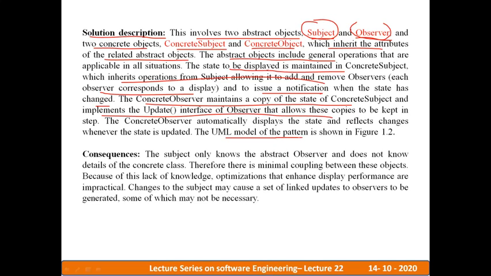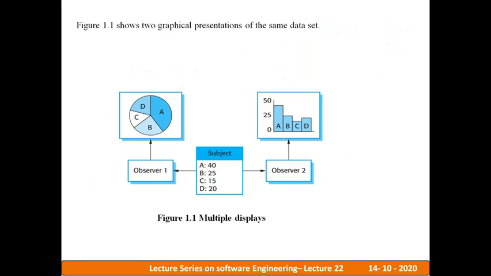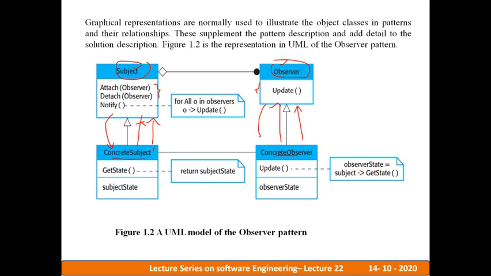Here we have the UML model of the pattern in figure 1.2, which we just saw. This is the UML model of the observer pattern. Here we have two abstract objects, subject and observer, with the operations attach, detach and notify, and the update operation, which have to be implemented or derived.